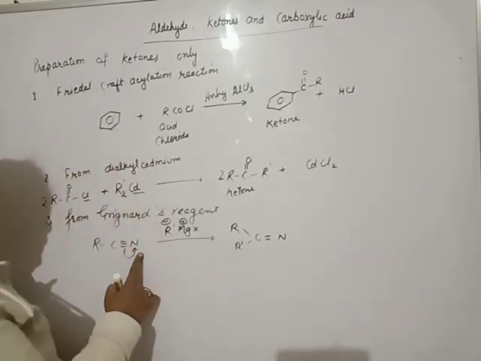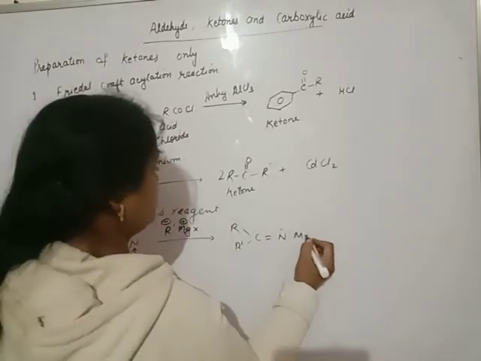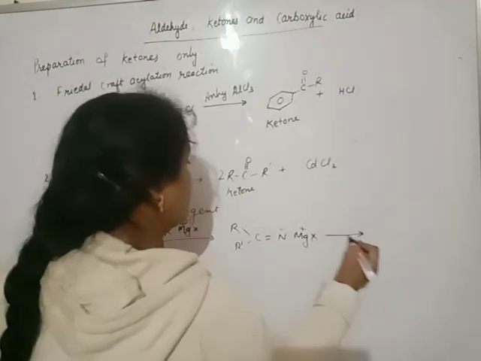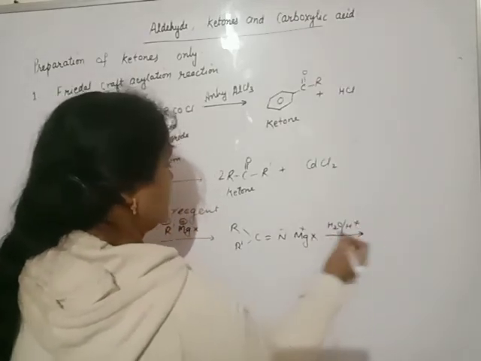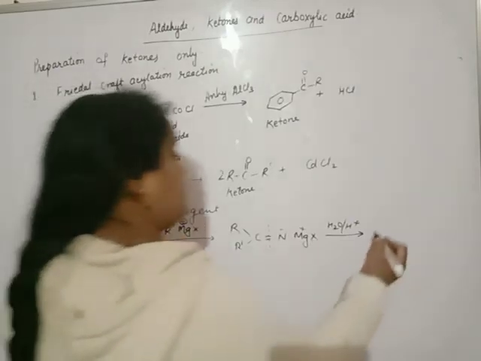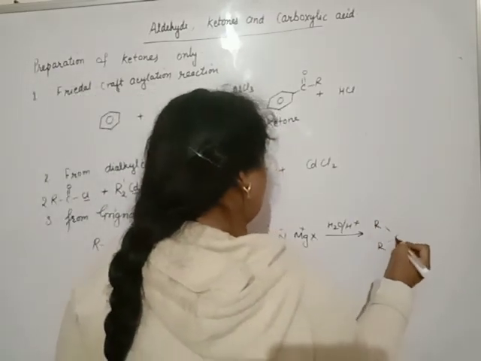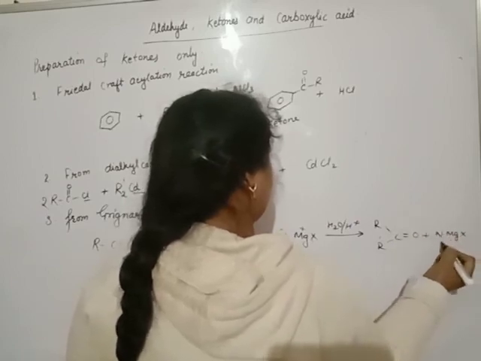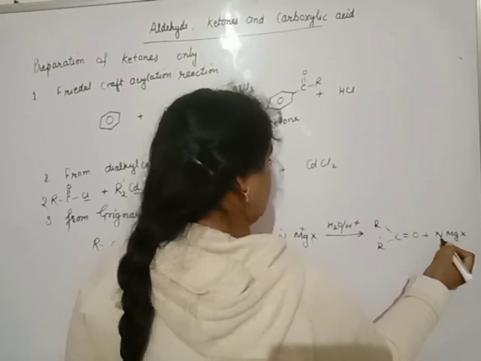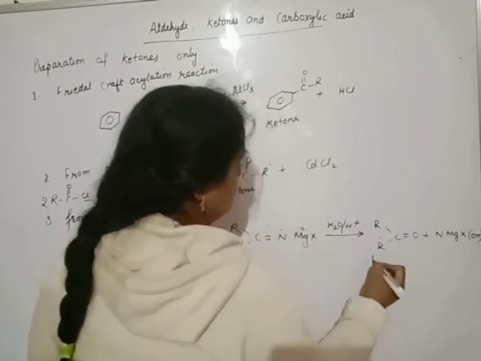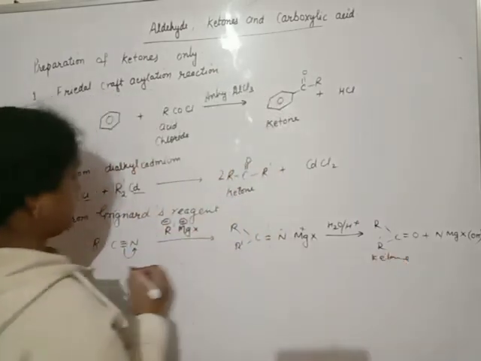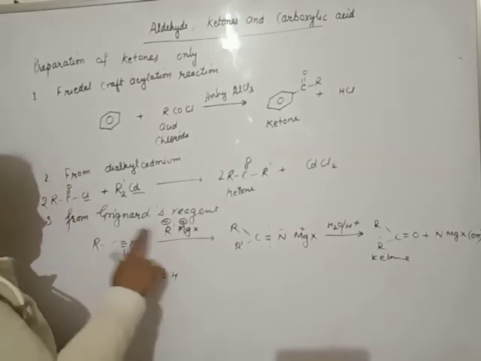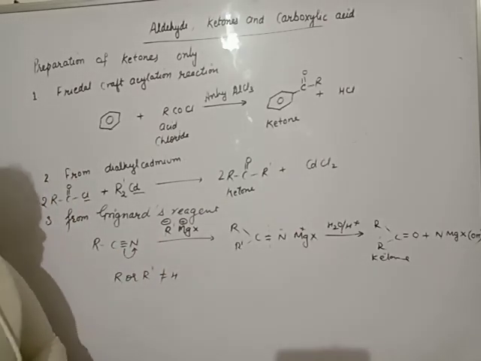Beta, the CN negative, positive will combine with the negative part. On hydrolysis, this bond will break to give ketone. Here it is also confirmed R or R dash, never be H. May be same, may be different, but never be H.